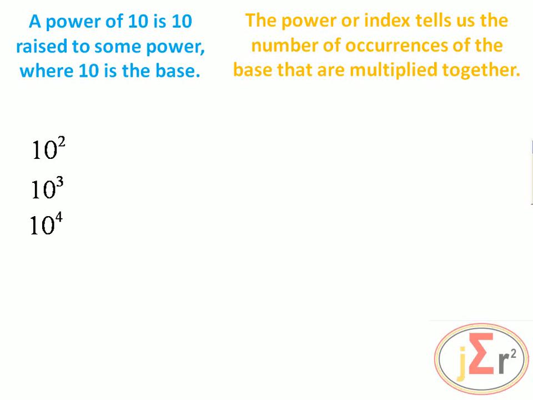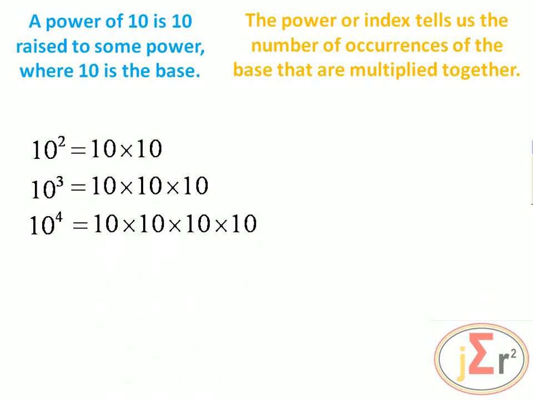The base is 10 and the index is 4. That tells us that we have 4 occurrences of 10 multiplied together. So to the power of 4, multiplying, we have 1, 2, 3, 4 occurrences. To the power of 3, we have 1, 2, 3 occurrences. To the power of 2, we have 1, 2 occurrences of 10.